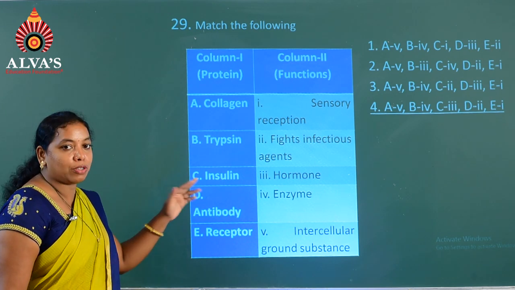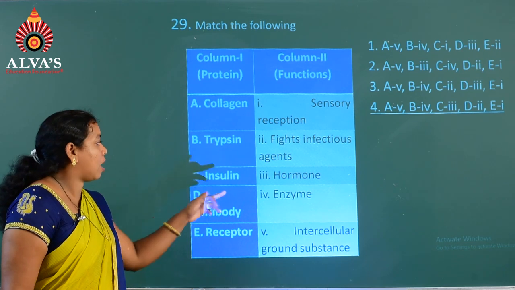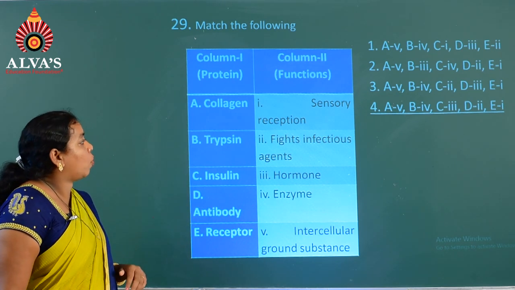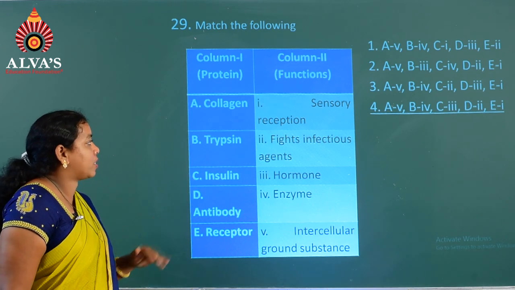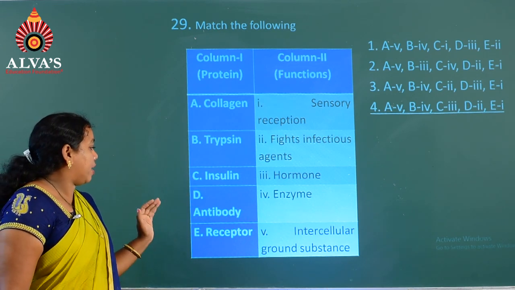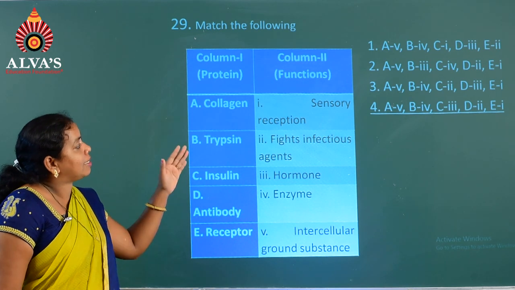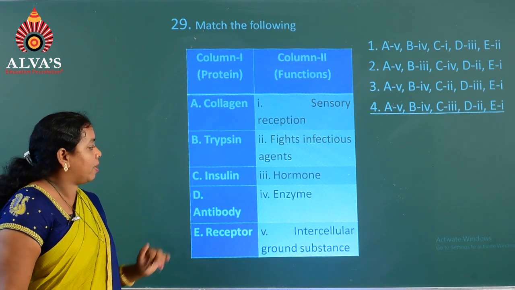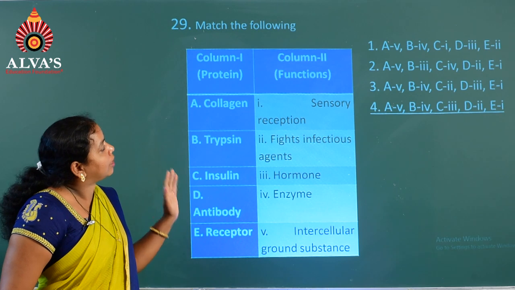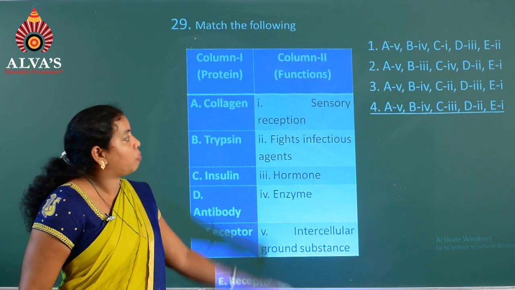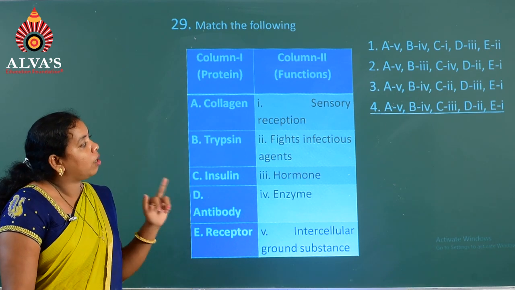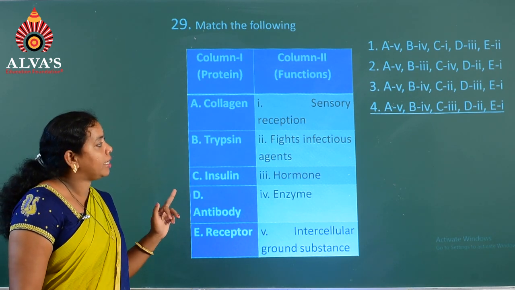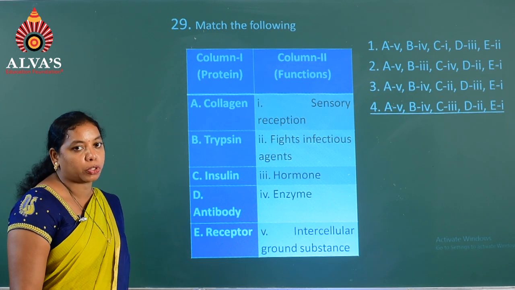Next, insulin matches with the third one, that is hormone, whereas antibody fights infections, that is second option. And next is receptor, that is sensory reception, first option, and the correct answer for this particular question is the fourth option. For A 5 and B 4, whereas for C third and D second, and for E first option.